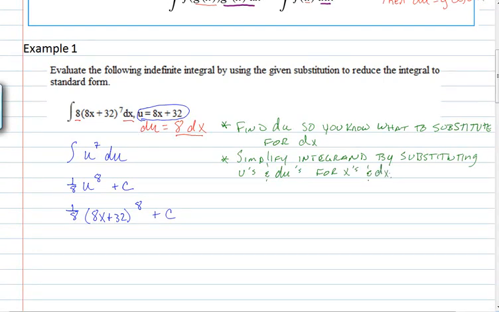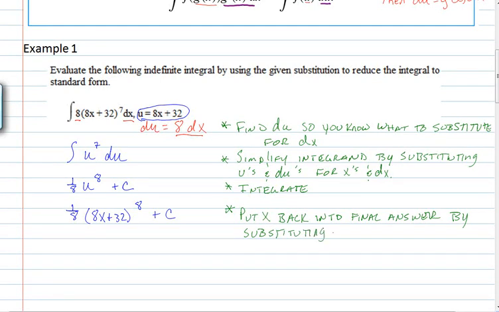Then we integrate, or find the antiderivative, which means the same thing. And then we put the x's back into the problem by substituting again.